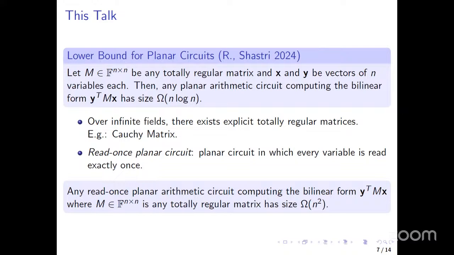We'll try to show a quadratic lower bound for read-once planar circuits computing this bilinear form y transpose M x, where M can be any totally regular matrix. It's slightly better when you go from non-read-once to read-once: from n log n, you get to n square. But it's easier to demonstrate this lower bound. We are going to see a proof of this. It's a quadratic lower bound, but for a much more restricted class of circuits.